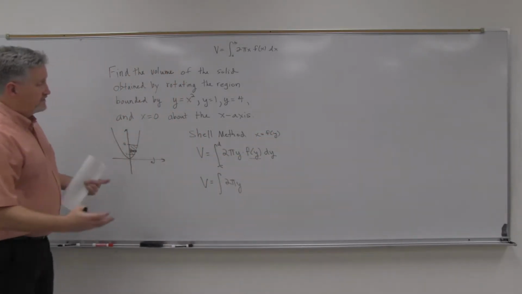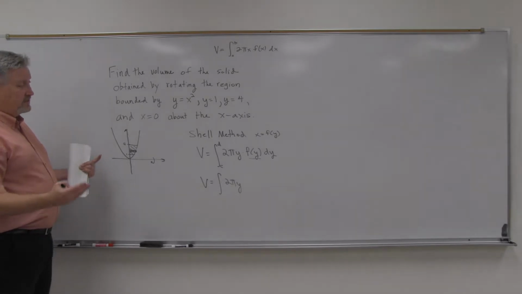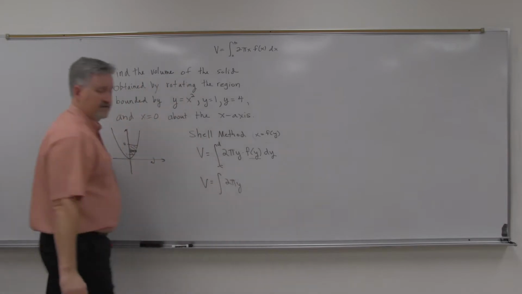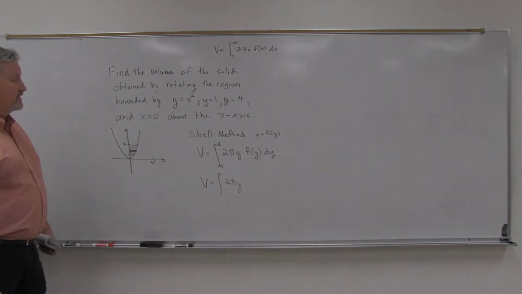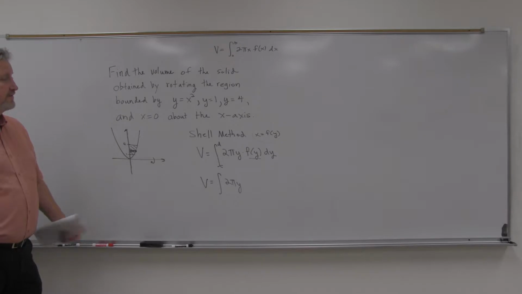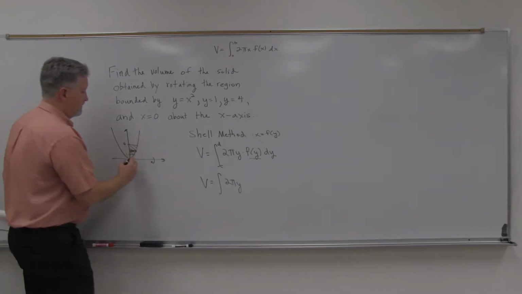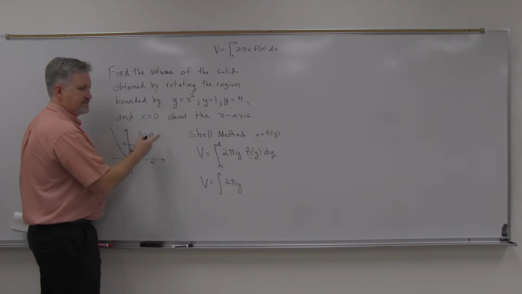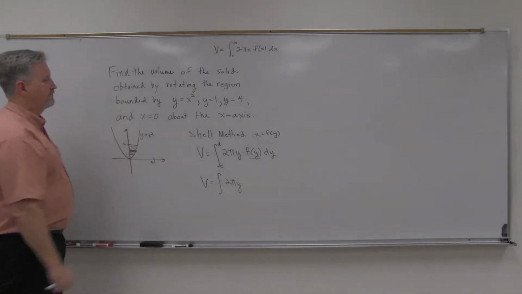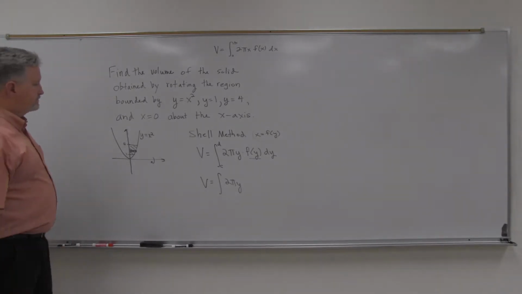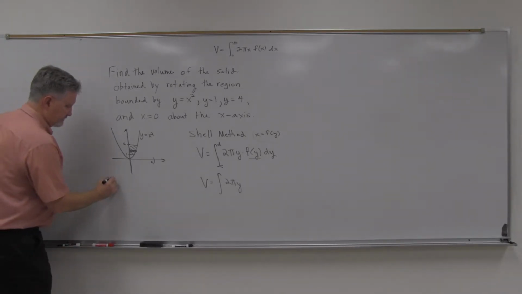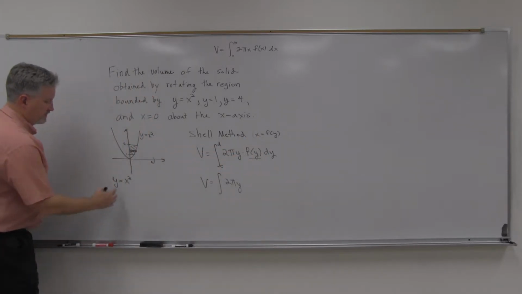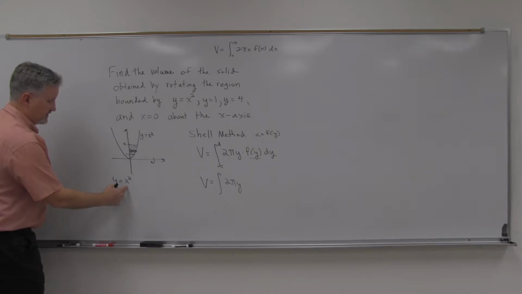In other words, our function, in most cases that we'll need, is going to be this type of equation. That way we can establish what f of y is. Our function here is y equals x squared. That's not in x equals f of y form, that's y equals f of x form. So I need to adjust that around and make it an x equals equation, if you will. I need to solve this for x, get x on the side by itself.